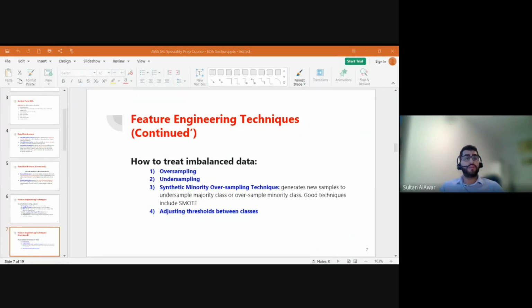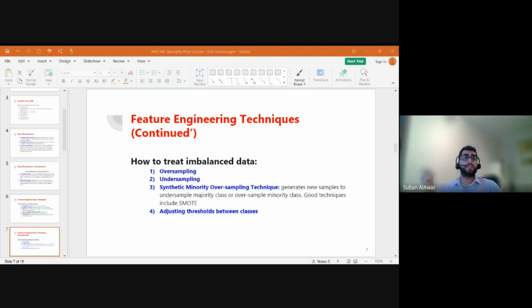The third one we can think of, which is very well known in the field of data science, is to use what we call SMOTE, or synthetic minority oversampling technique, where it helps us to generate new samples or to augment the new samples to either undersample the majority class or oversample the minority class. And a good technique in the field, as I said earlier, is SMOTE.